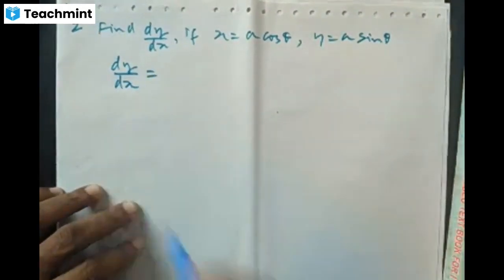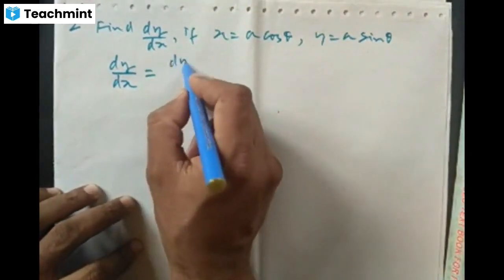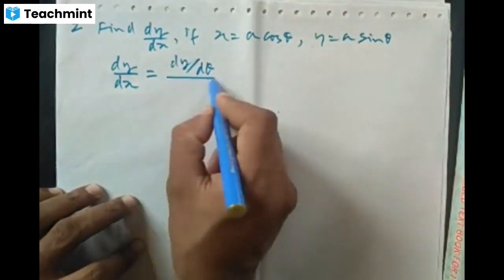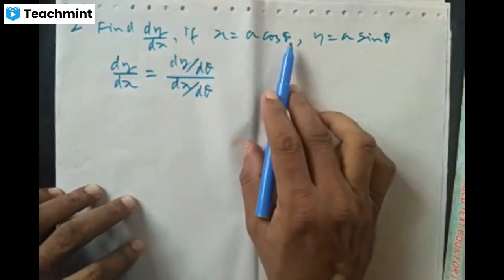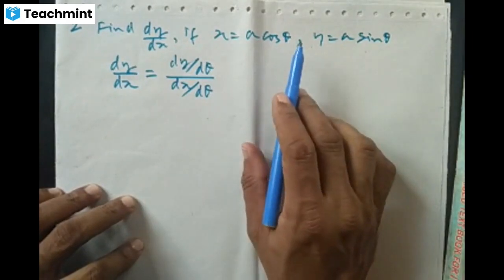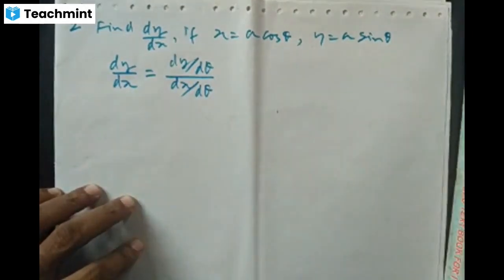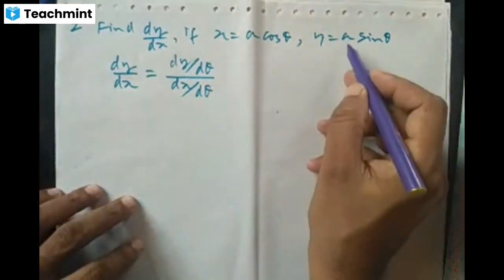Dy by dx is equal to dy by d theta divided by dx by d theta, because here the parameter is theta, not t. So you have to change the formula. What is dy by d theta?